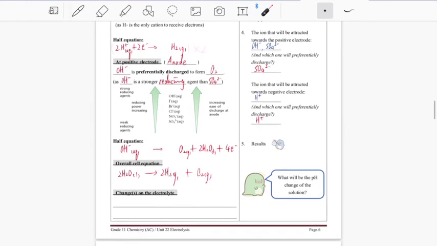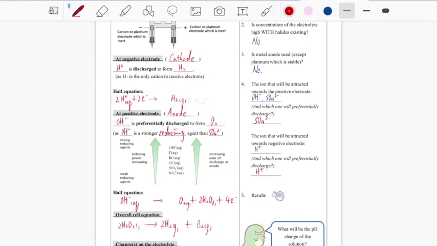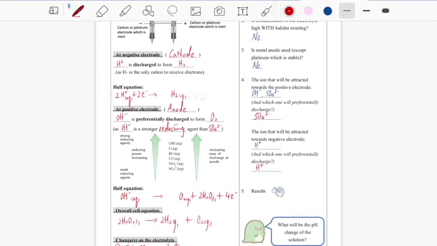So we could conclude first, the concentration of the sulfuric acid would increase. That's because we used up water, which is a solvent, but we did not use any of the dilute sulfuric acid in the electrolyte.